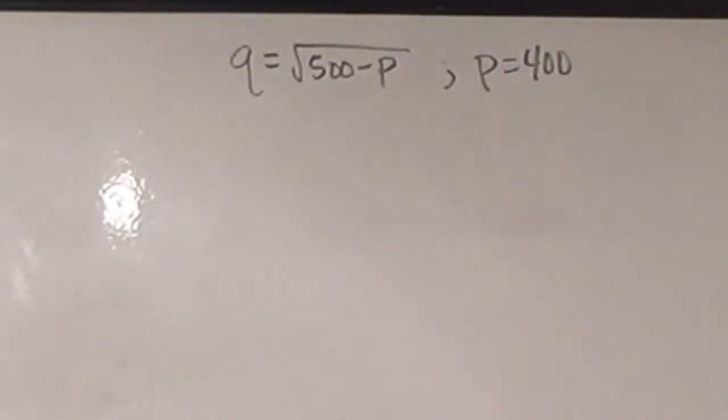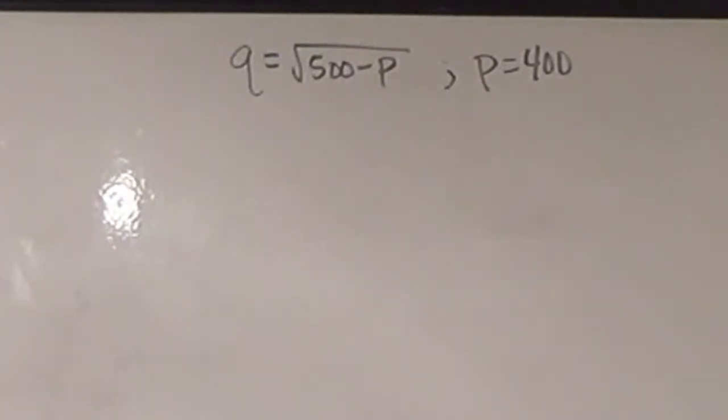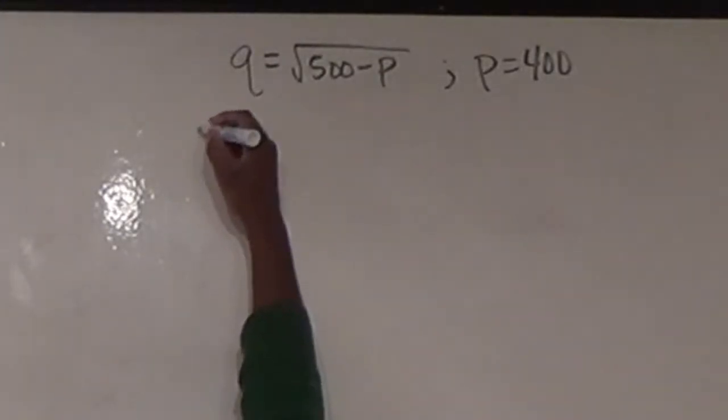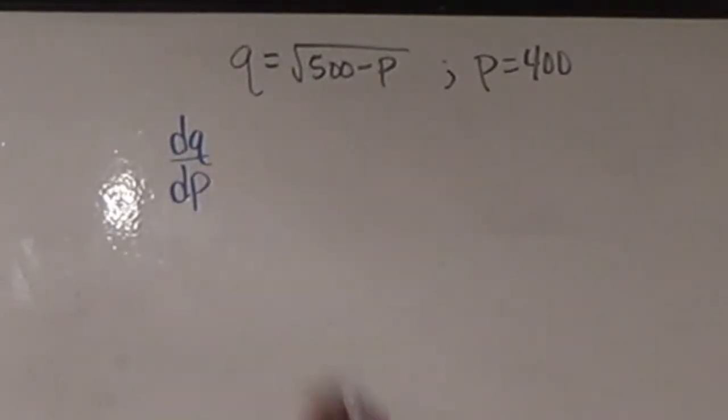Let's look at an example of elasticity. Okay, so in this case we have a demand function. Q equals the square root of 500 minus P, where P again is price, Q is quantity. And we want to find the elasticity and the type of elasticity when P equals 400. Okay? So here again, using our formula, the first thing we want to do is find dQ/dP, the rate the quantity is changing with respect to the price.